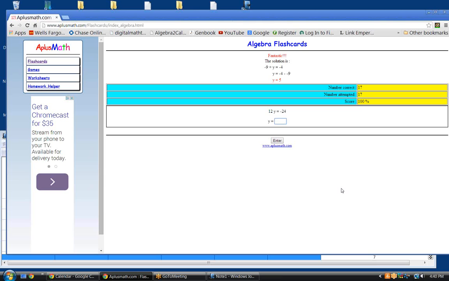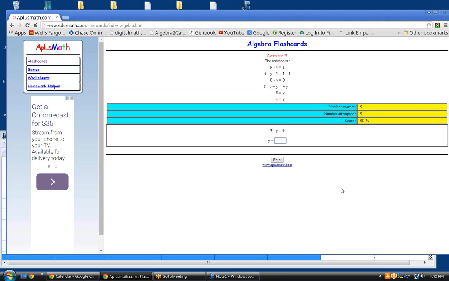Y equals negative 2. Good. Alright. So y equals 8. Good. Alright. Y equals 4 or negative 4.